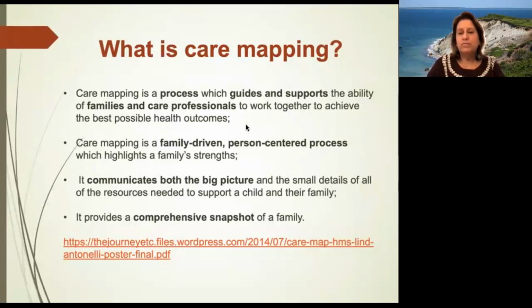It's a family-driven, person-centered process which highlights a family's strengths, and it communicates both the big picture and the small details of all of the resources needed to support a child and their family. It really does provide a comprehensive snapshot of your family. And here we've added a link that has a WordPress document that has a poster about care mapping.